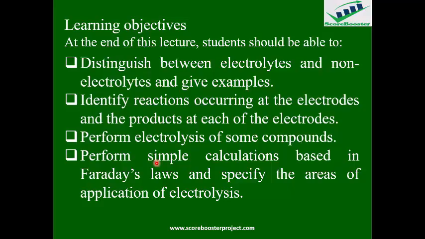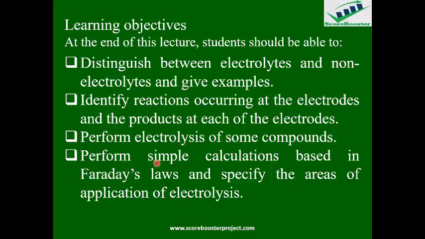But before we go, let us look at our learning objectives. We are expected to be able to distinguish between what is called electrolyte and non-electrolyte, and we should be able to give examples.